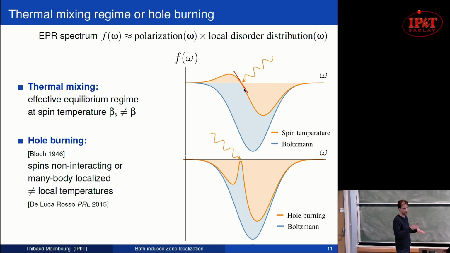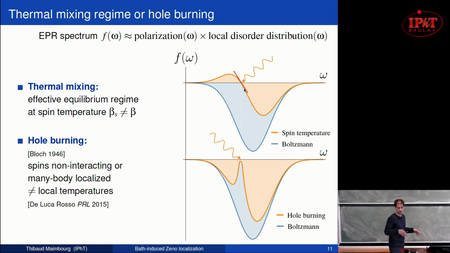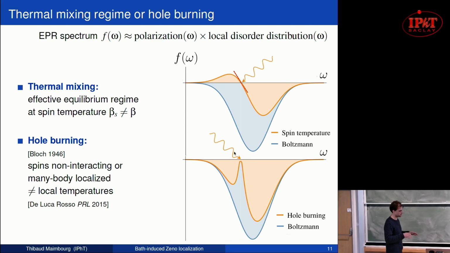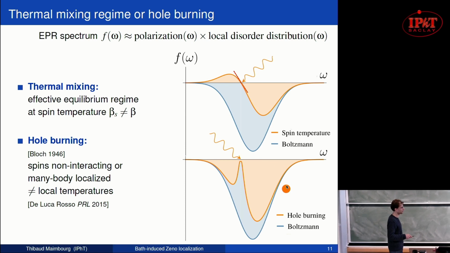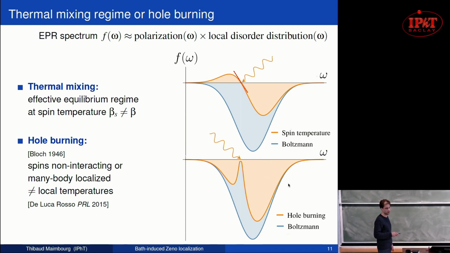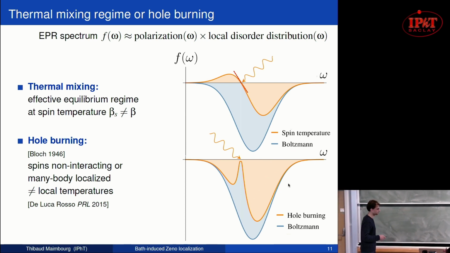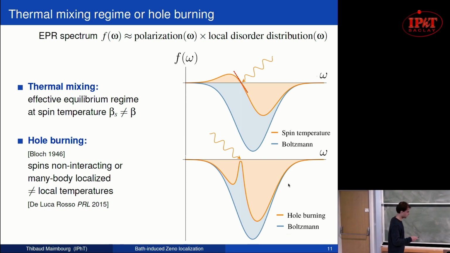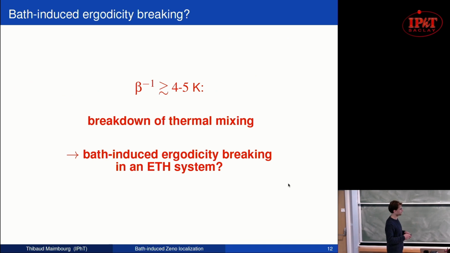Each electron goes to its own temperature, and it doesn't define a thermal state. That's why basically close to here you have this shape, which means that you are going to very high temperature, while here you are more close to the Boltzmann temperature, which is very cold. Right. Anyway, so you have those two shapes.